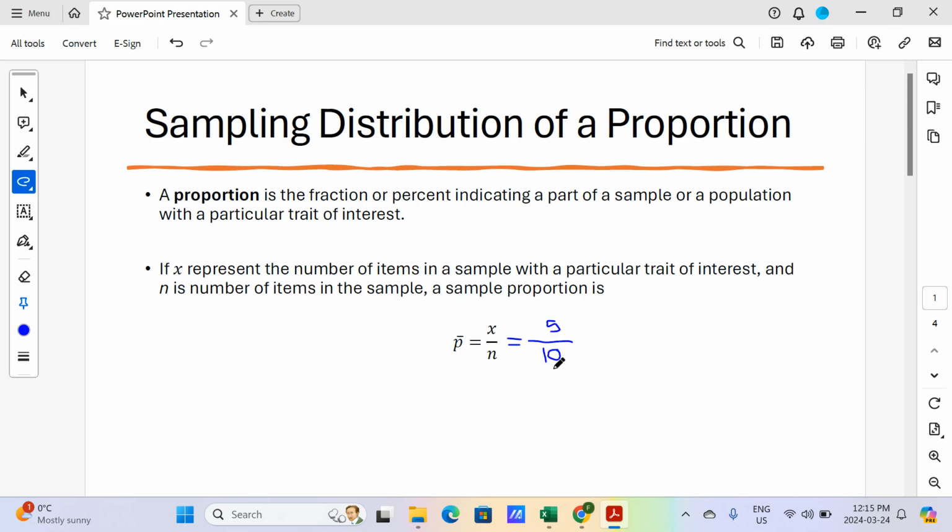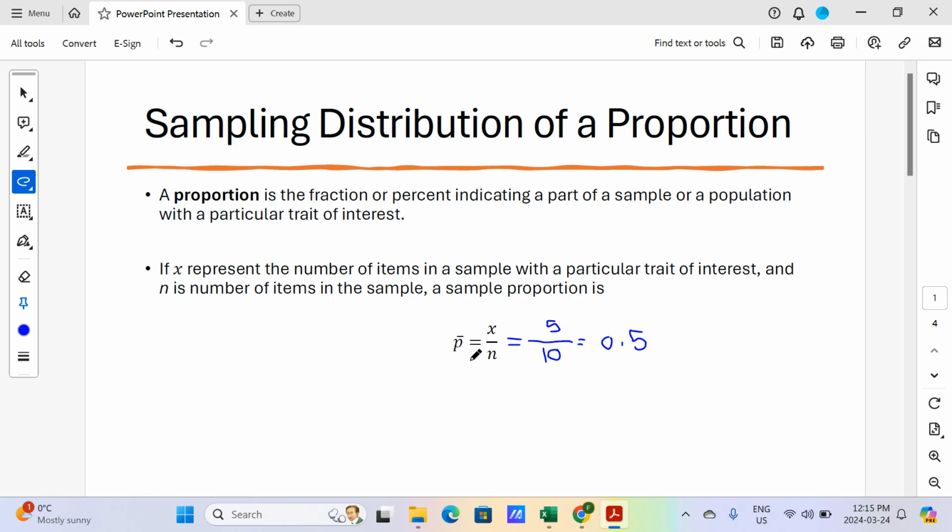The particular trait of interest is wearing glasses. So the proportion would be 5 over 10, or half, or 50% of the students in this class wearing glasses.